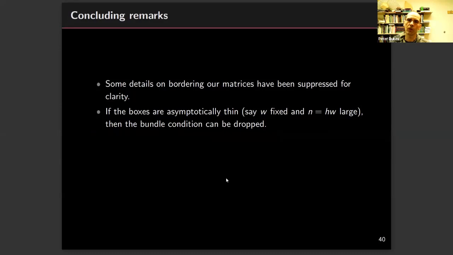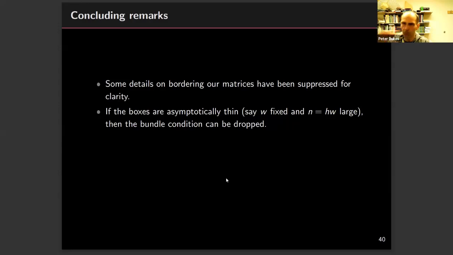Interesting: if the boxes are very thin but long or tall, say one of the parameters is fixed and the other parameter grows, H and W, then you can actually drop the bundle condition. We showed that by basically filling up all occurrences of a filled symbol in a box in one of these bundles.